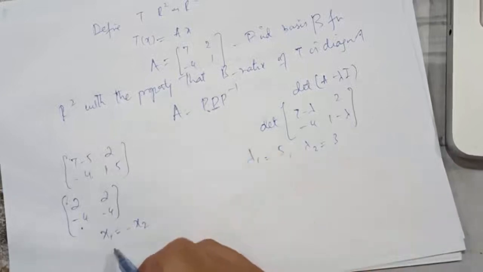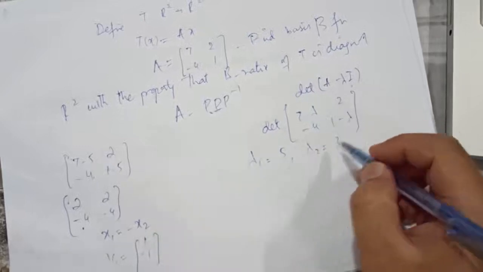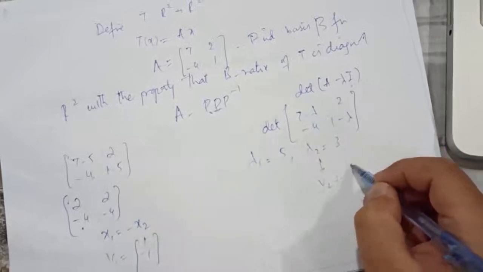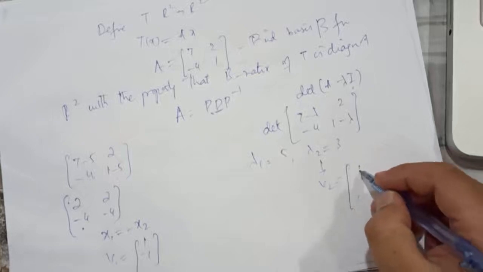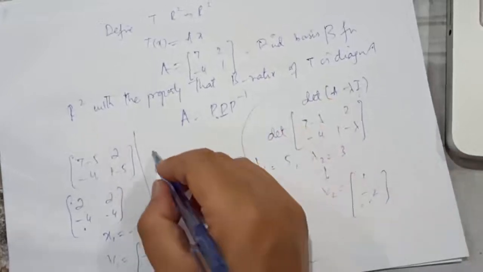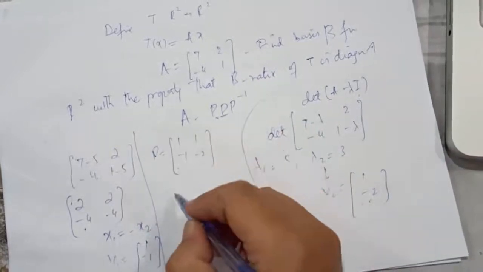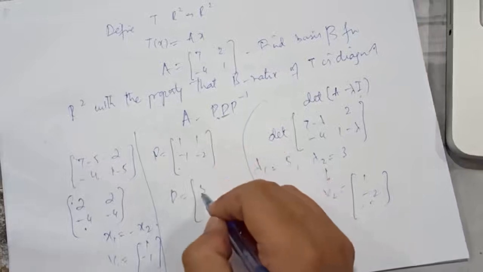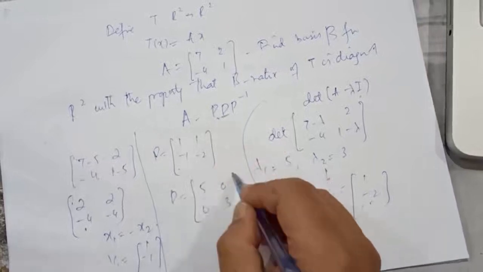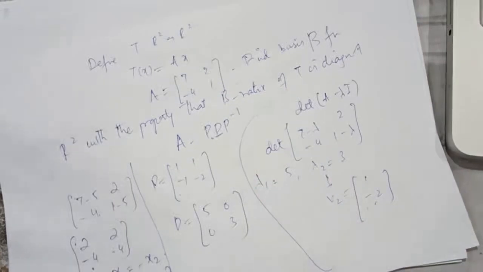So the first vector becomes v1 equals 1 and minus 1. Similarly, you can find for lambda 2 the vector v2, which is 1 and minus 2. So the P matrix in this case becomes 1, minus 1, 1, minus 2, and your D matrix becomes 5, 0, 0, 3, where D is the eigenvalues and P is the set of the basis vectors.